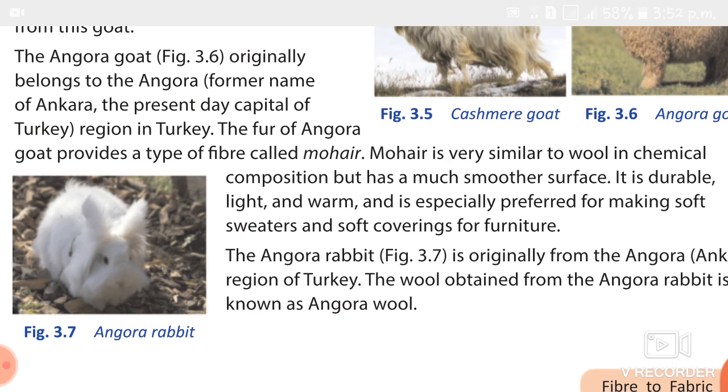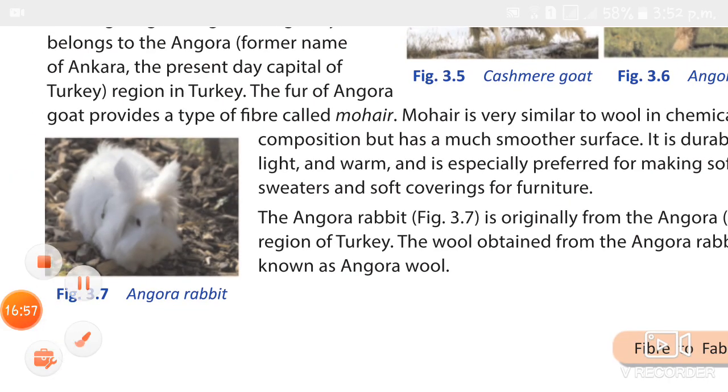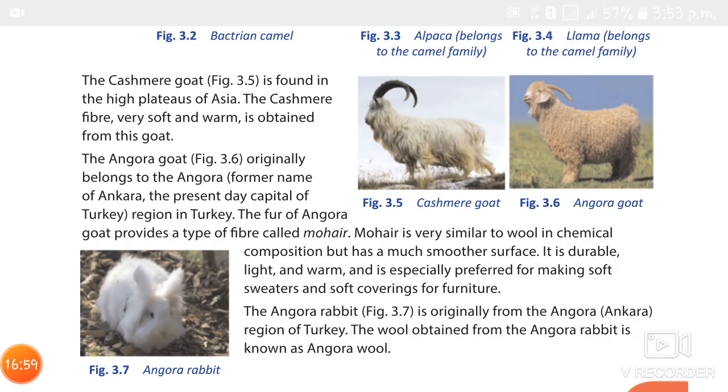And the next one is yak wool. The soft underhair of the yaks found in the Ladakh region and Tibet is used to make wool.